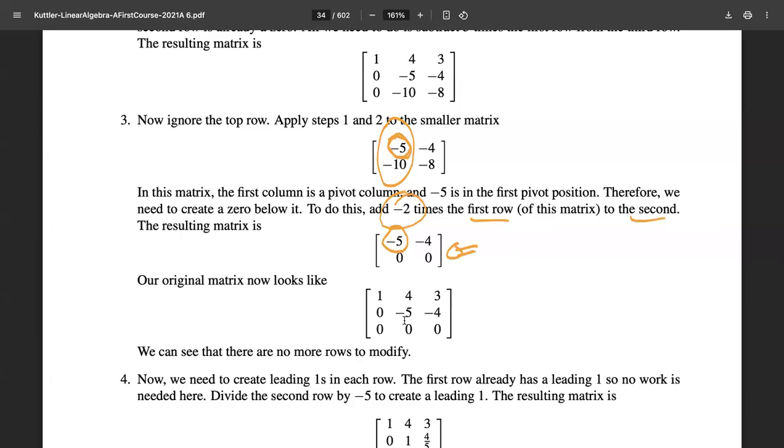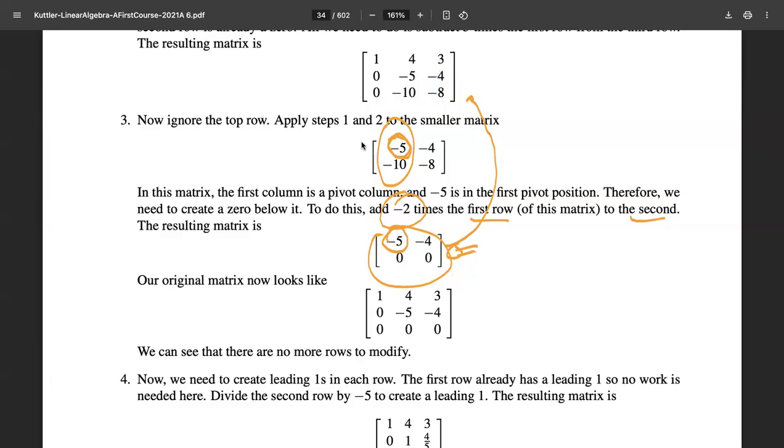I'll replace this smaller 2 by 2 matrix that I started with. So this smaller 2 by 2 matrix, the -5, -10, -4, -8.